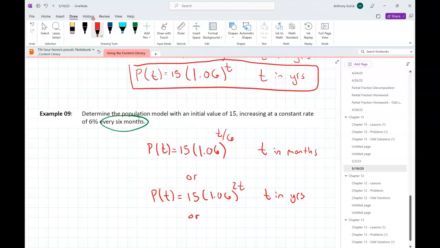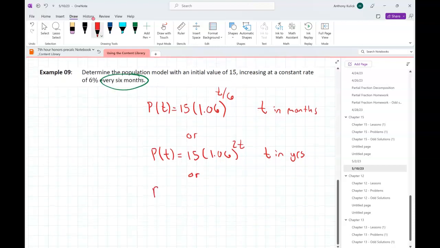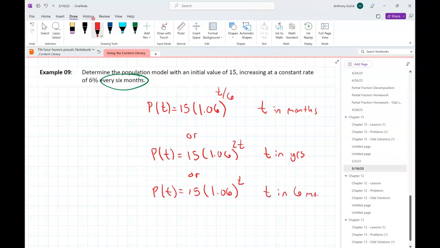Or there's even a third way that would be not unreasonable. You could just write it to the t where t is 6 months, or 6 month groupings.